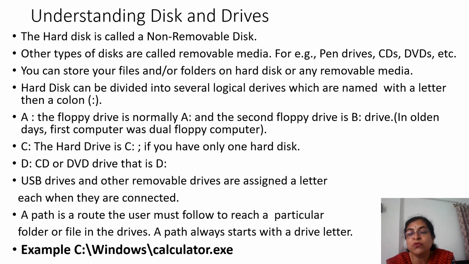What it means, suppose we want to open the calculator application, the computer should easily locate the executable file from the huge memory. That is, it is on C drive, in the Windows folder, and the calculator file it should open.